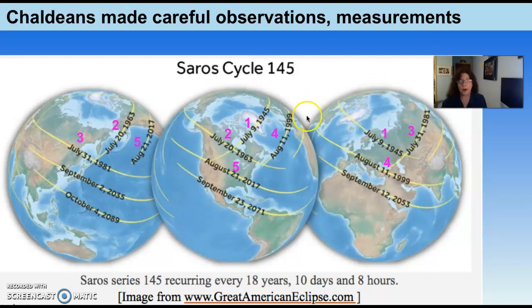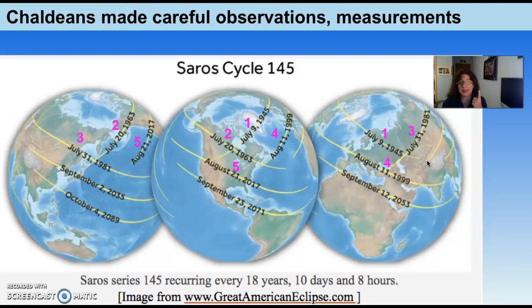We start with 1. Here is a pattern of an eclipse in 1945. It went from about, I would say Oregon there, up over the northern pole, probably, came back around and into Asia. That was the first cycle that we're noting.